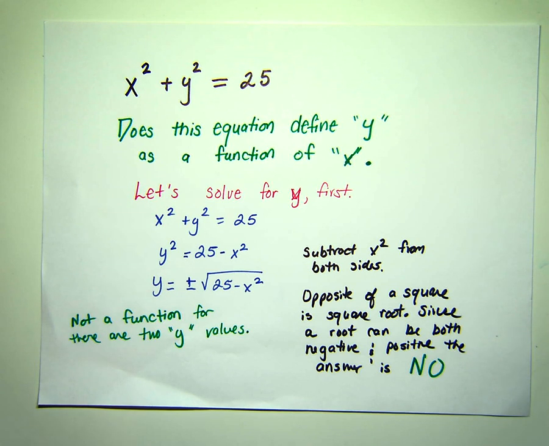For example, negative 2 times negative 2 gives you positive 4, but a positive 2 times a positive 2 also gives you positive 4. Hence, the square root of 4 is positive and negative 2. Since you have two possible answers, it is not a function, because there are two y values, one being positive and one being negative.